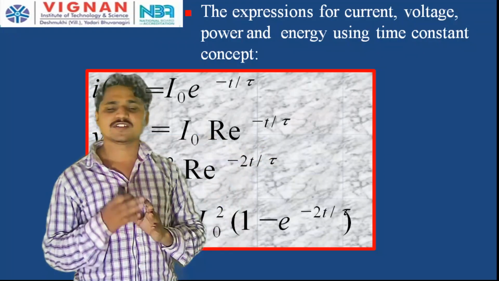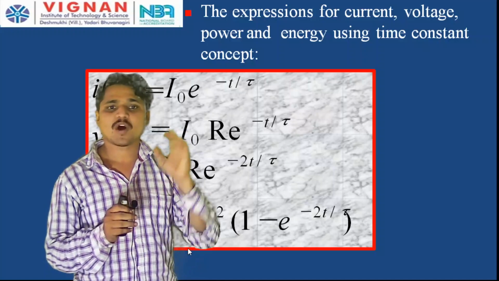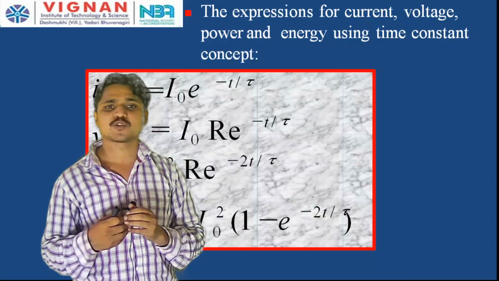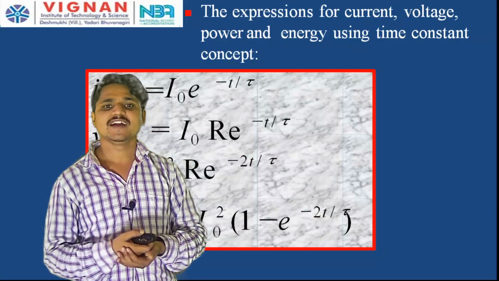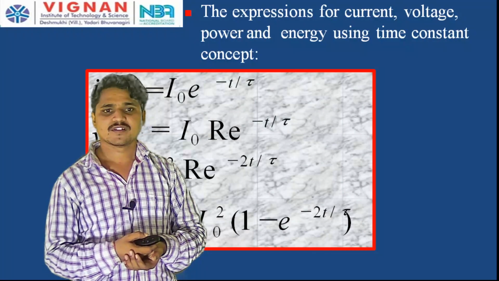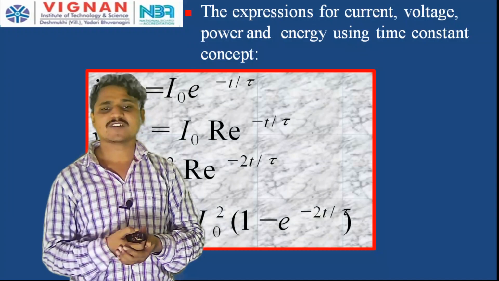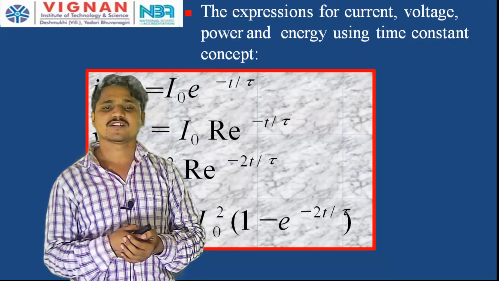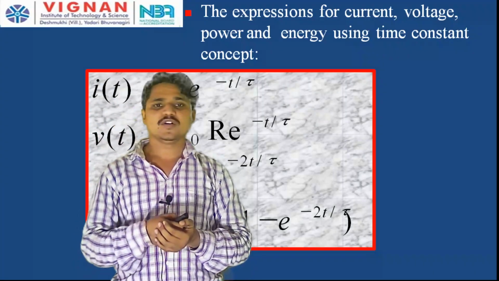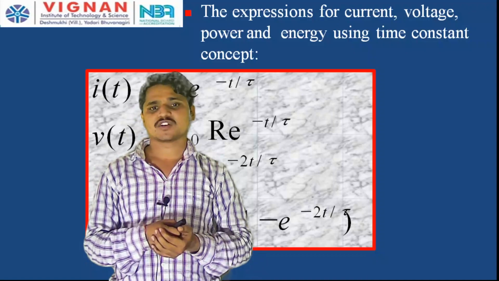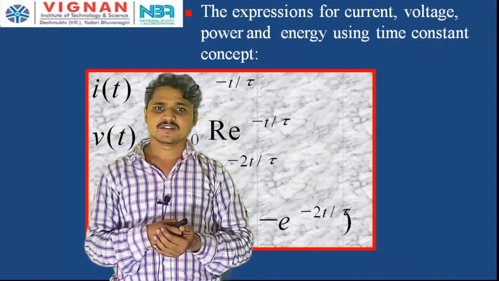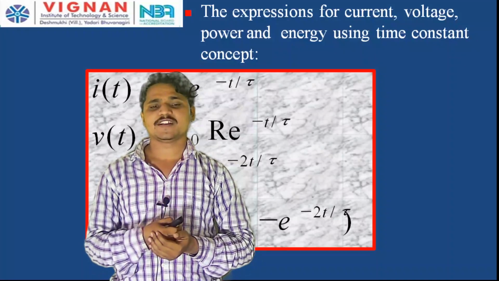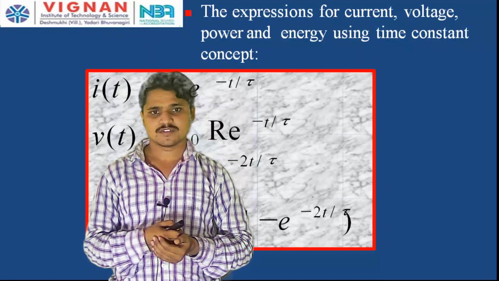The importance of tau, the time constant, is that it tells at what rate the current is decreasing or the voltage is approaching 0. The rate at which the current or voltage approaches 0 is called the time constant, denoted by tau, and for an RL circuit it is L by R. So the rate depends upon the inductance and resistance of the given circuit.